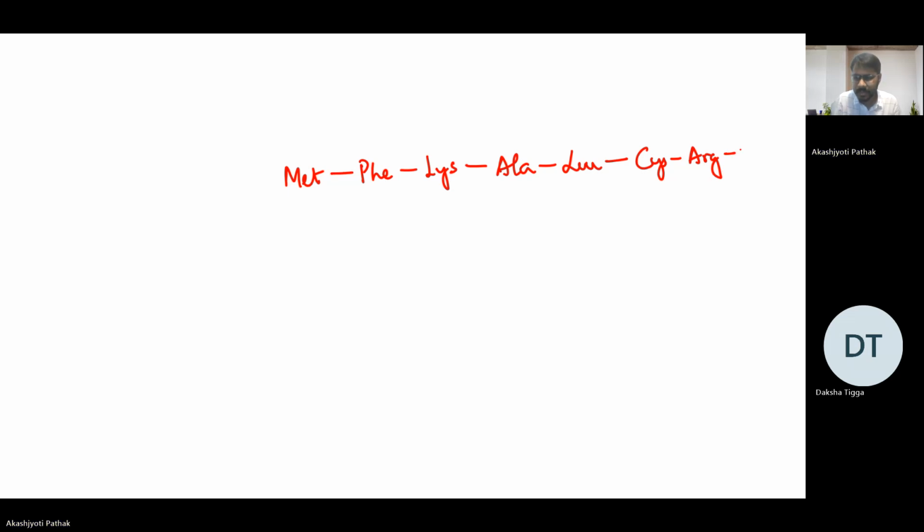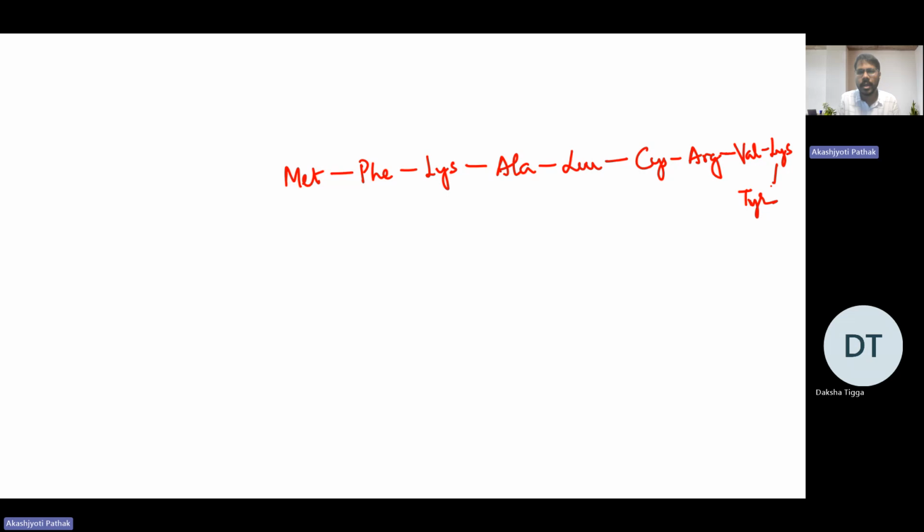Okay, so let's understand how trypsin will cleave. Let's take an example of a peptide with this sequence: methionine, then phenylalanine, then lysine, then alanine, then a leucine residue, then a cysteine residue, then arginine, then a valine residue, and then a lysine residue again, and a tyrosine residue here.